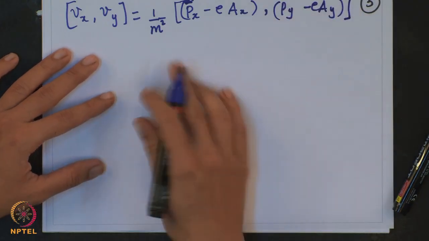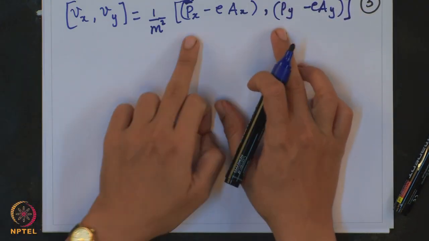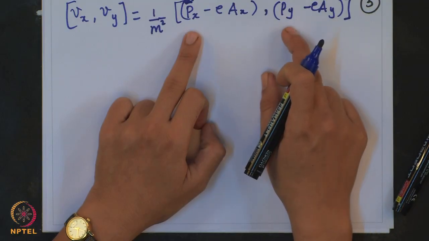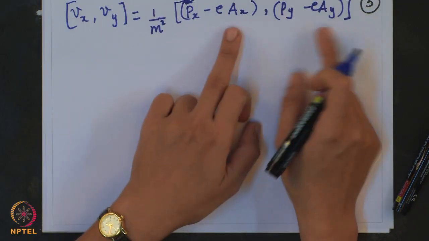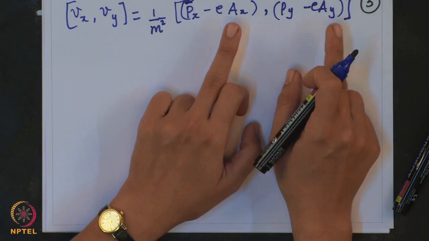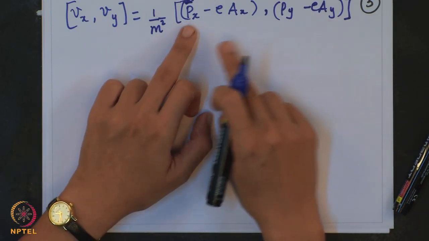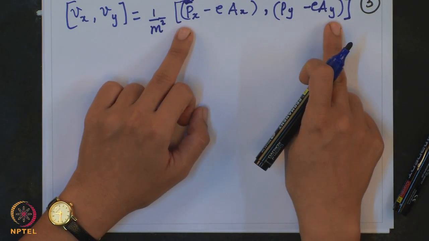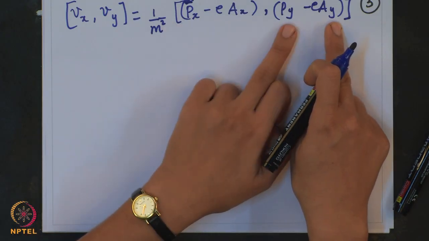Now, the commutator of Px and Py is 0, they commute, and Ax, Ay they will also commute. So, you will be left with the commutator of Px with Ay and Ax with Py.